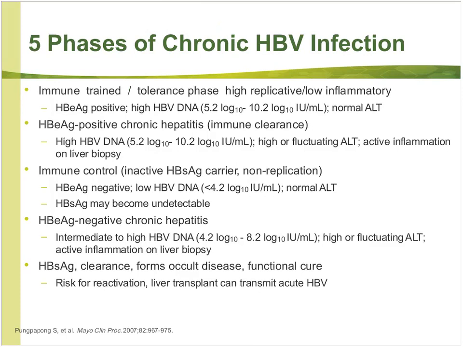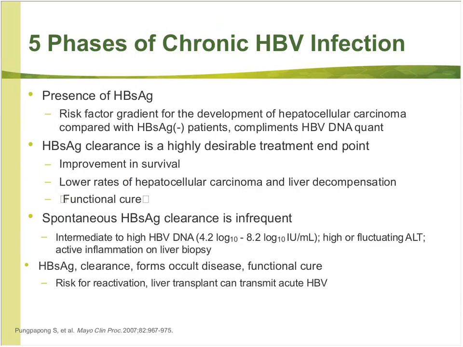There's a training of the immune system. Then we have wild type infection with E antigen positive. We have immune control, inactive surface antigen carrier. There's no replication. Then there's E negative with moderate to high DNA levels. And then finally S clearance, but not a cure. It just means S antigen is cleared from the serum.